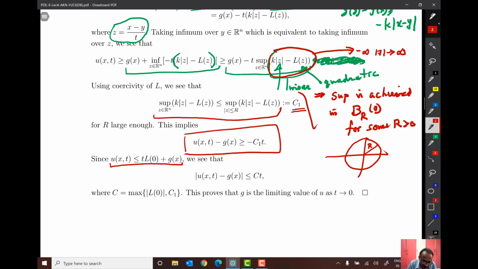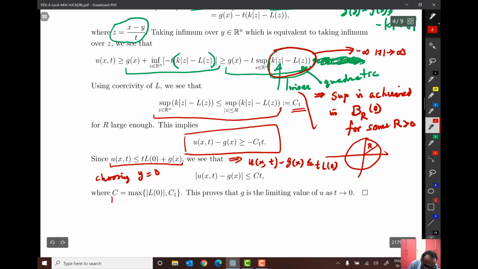Once you choose y equal to 0, this implies u(x,t) minus g(x) will be less than or equal to t times L(0), which is another number.